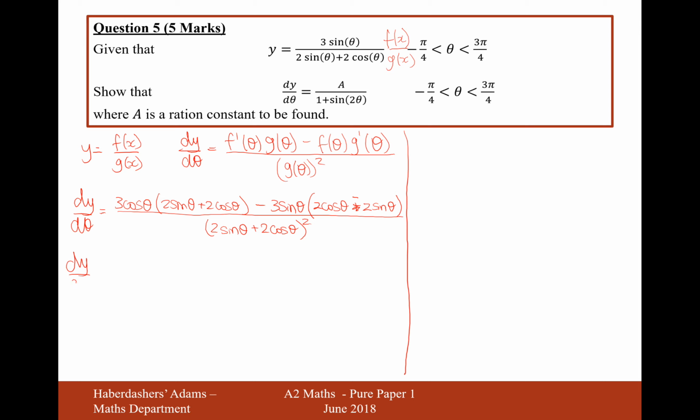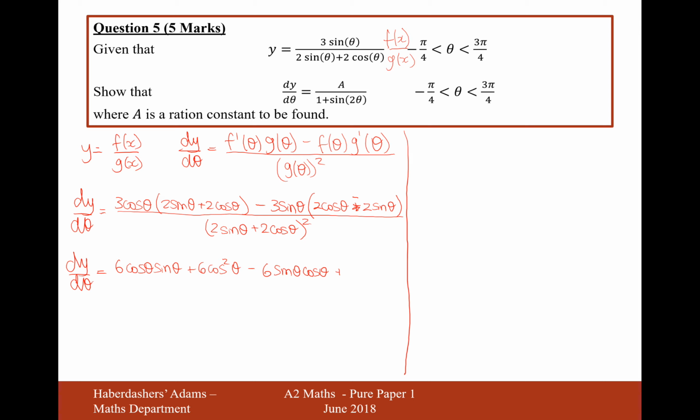Right, okay, let's now start to expand some brackets and hopefully we start to simplify. So 3 times 2 is 6, cos times sine is just cos theta sine theta. And then expand the second part, it's going to be 6 cos squared theta. Then the second part, it's going to be 6 sine theta cos theta.